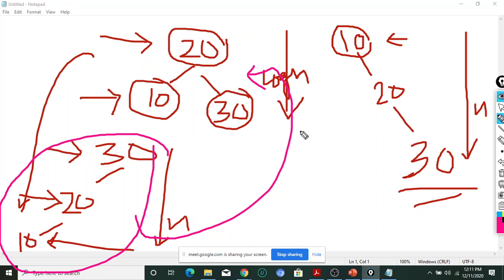Yes or no? Yes, sir. If I am able to convert this tree into that kind of tree, then the number of comparisons will be less. Everybody agree with me? Yes, sir. I want a response from everybody.